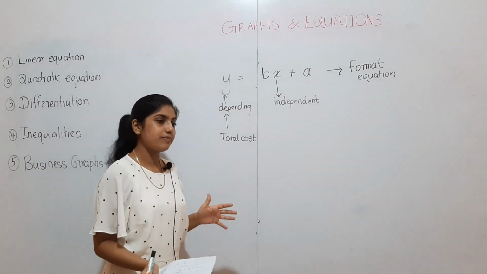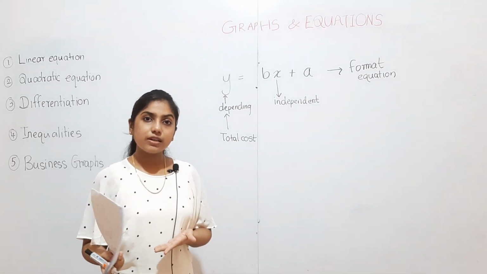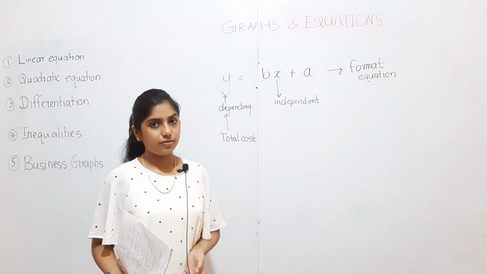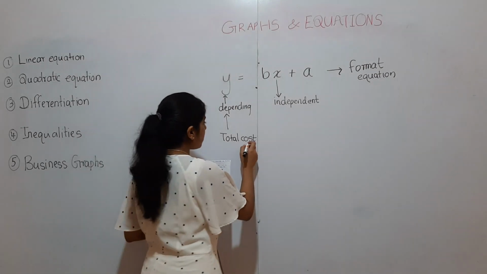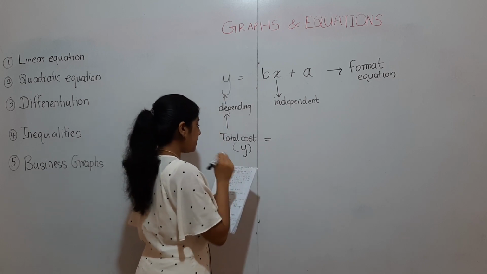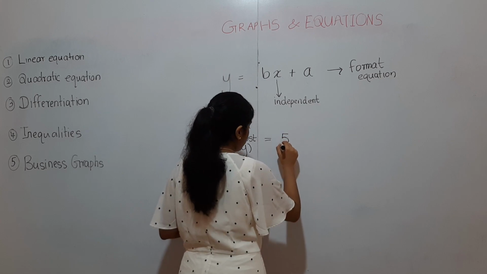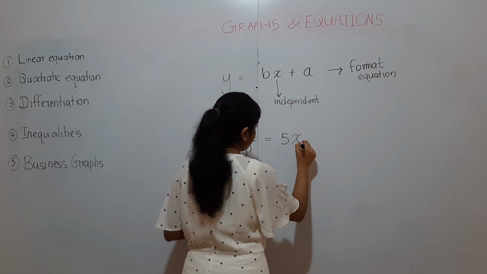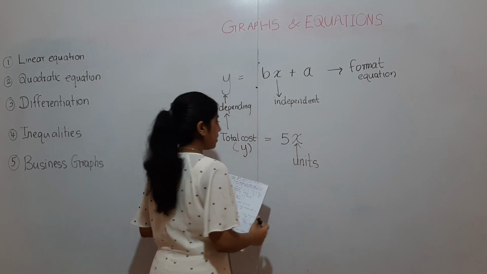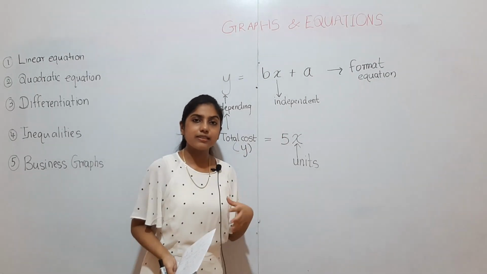Okay. So, if they ask something like create an equation for total profit, then you can choose the y-axis to be your total profit. So, total cost I am choosing as y equals 5 rupees per unit. So, we can put 5 and unit will be represented by x, because the output is independent, because that is what we produce.